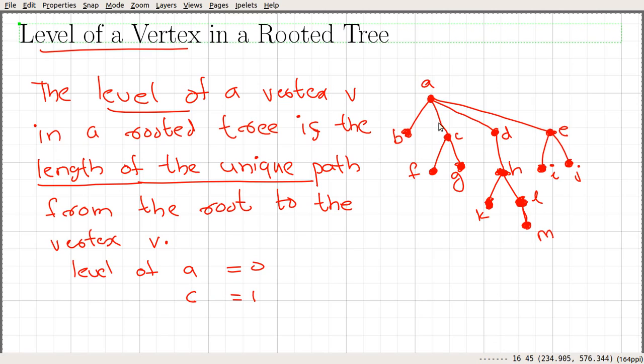Anyway, it is a tree, so I think we proved a theorem in the last video that says every path in the tree is unique between every pair of vertices. So the level of C will be 1 because we have a unique path from the root.